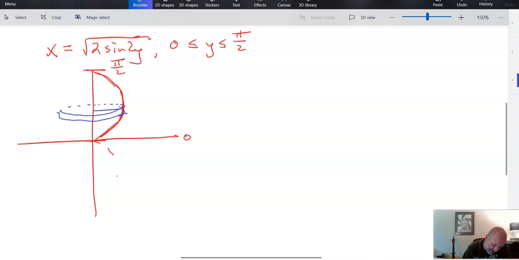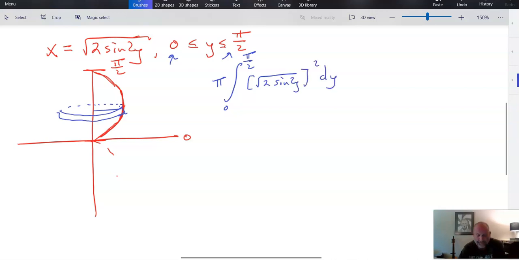And so what I end up with is the integral, with the limits of integration from 0 to pi over 2 of, well, I'm going to put my pi here, and I know whatever I'm putting here is going to be squared. The square root of 2 sine 2y squared dy. Okay, well, the square root and the square cancel out. We're only integrating over positive values. So it's 0 to pi over 2 of 2 sine 2y dy.